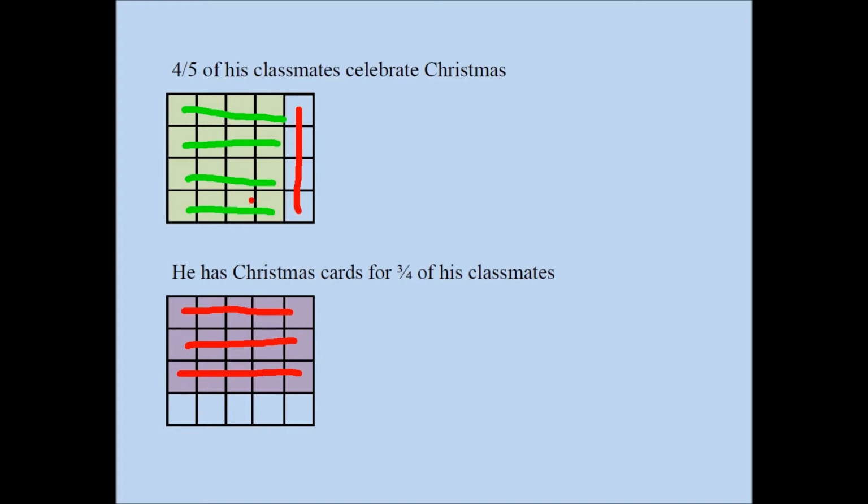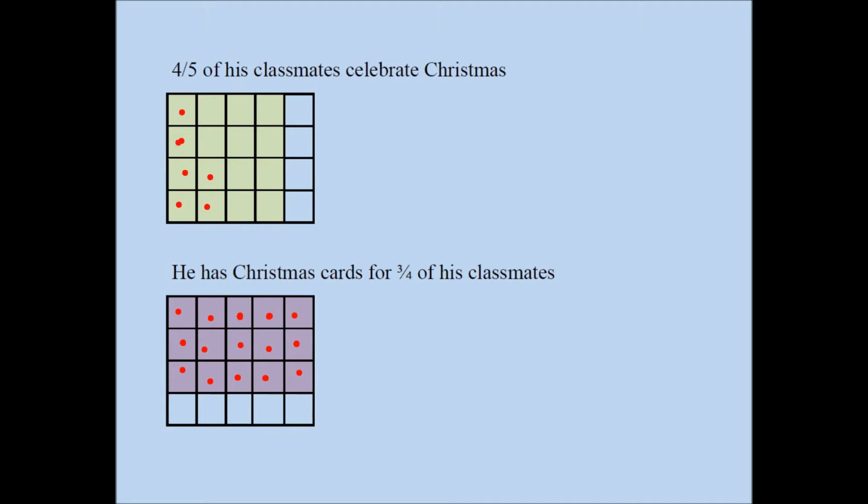How would you do that? Well, one way to do it is to count: 1, 2, 3, 4, 5, 6, 7, 8, 9, 10, 11, 12, 13, 14, 15. These 15 boxes represent the Christmas cards that Jason made, and they will go to the kids that celebrate Christmas.